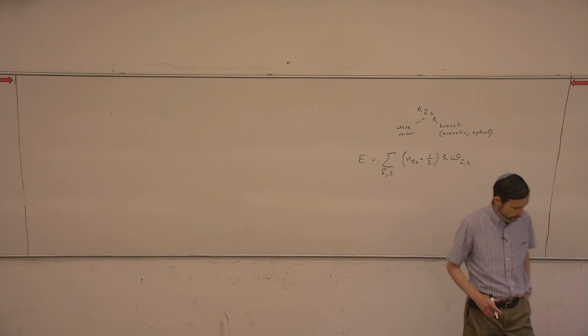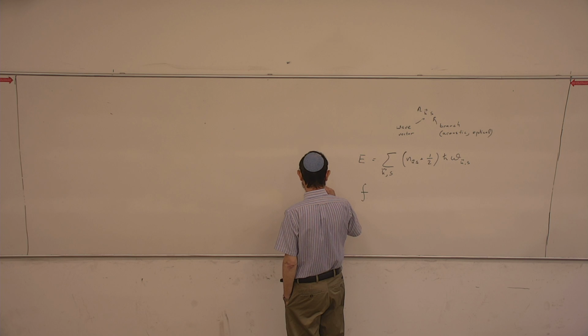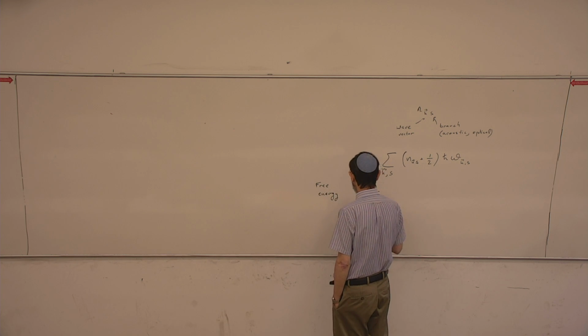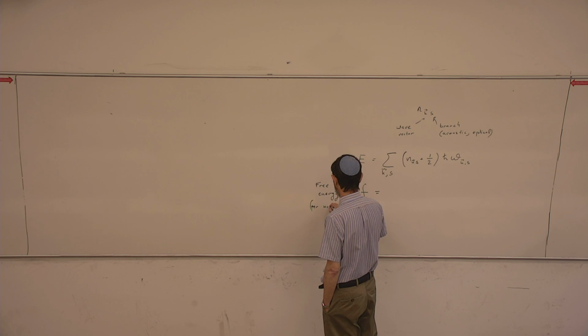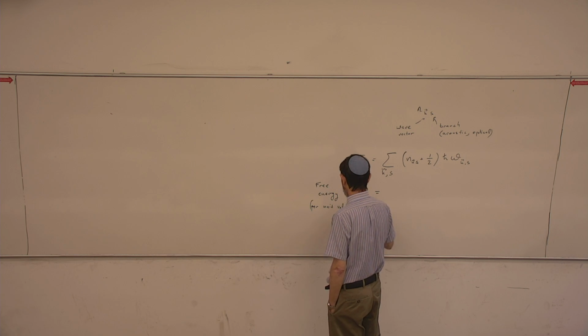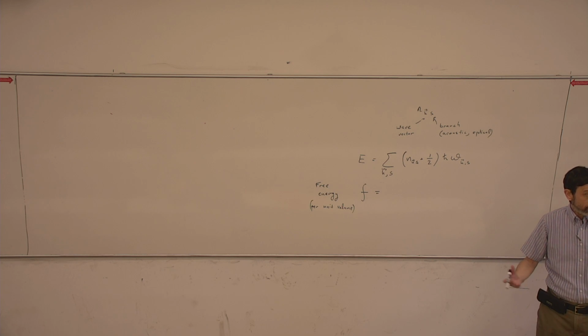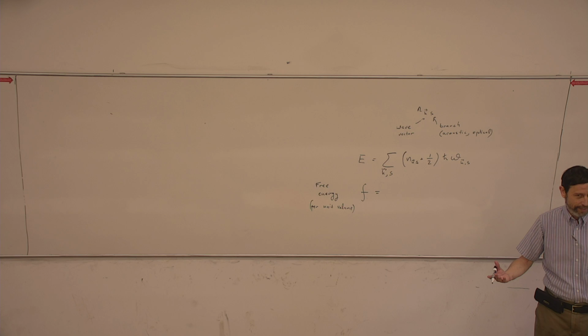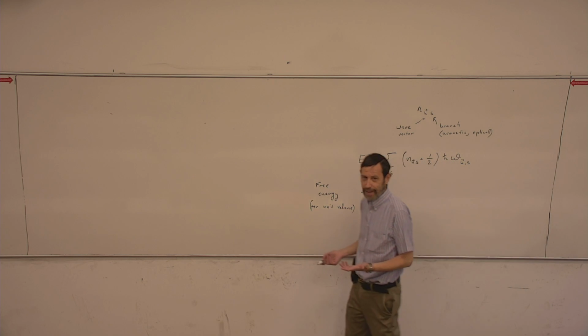Okay, so let's say, how do I calculate the free energy? Why per unit volume? Because if I'm dealing with an infinite lattice, which I'm dealing with here usually, the answer to what's the free energy doesn't require any calculation.